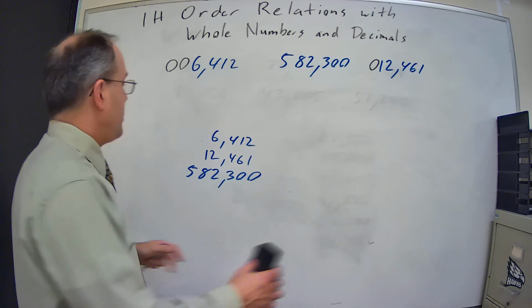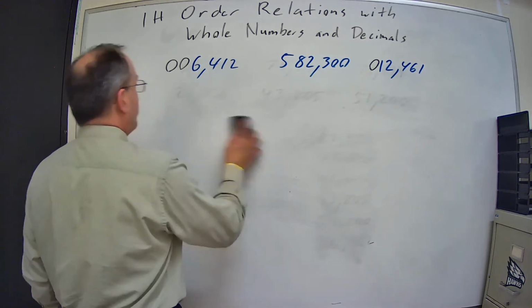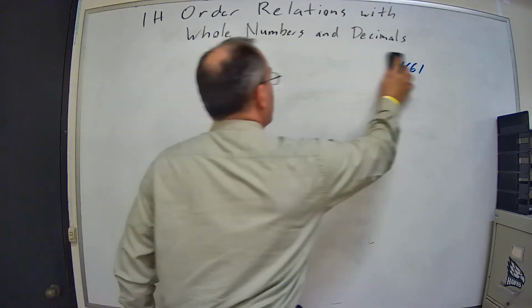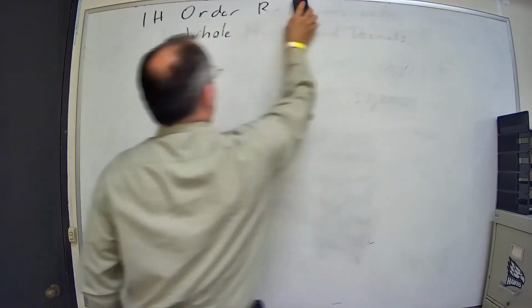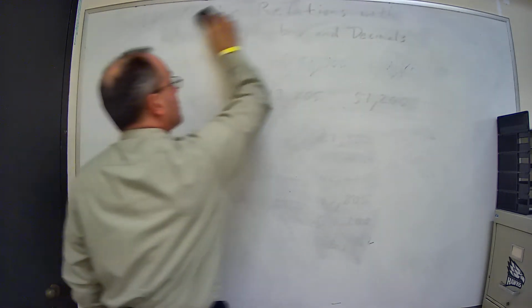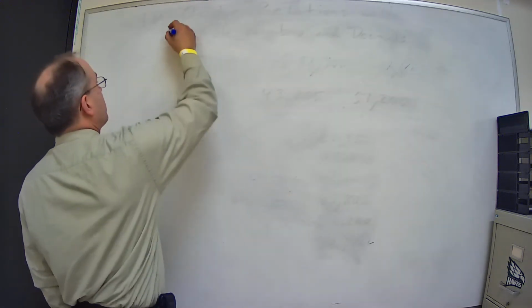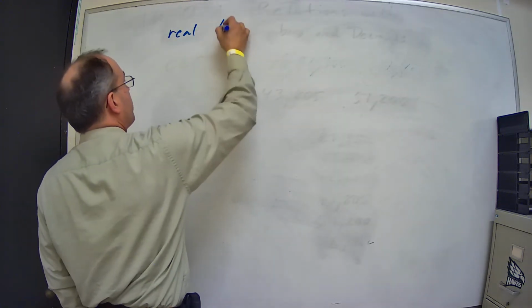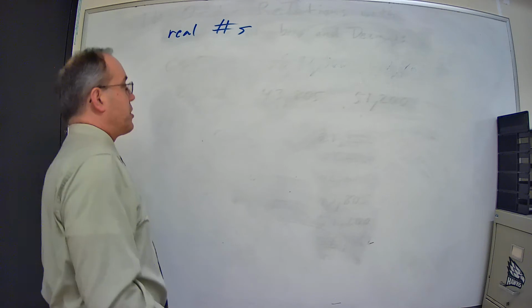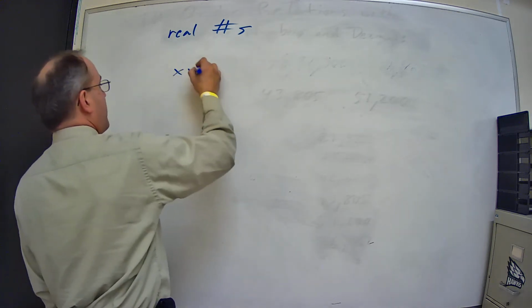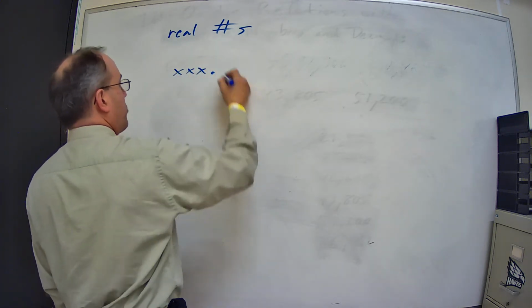Now, let's talk a little bit about real numbers. Real numbers can be broken into two parts. So if I have x, x, x, I'm just putting placeholders here.